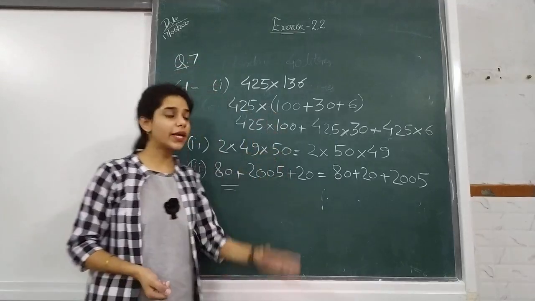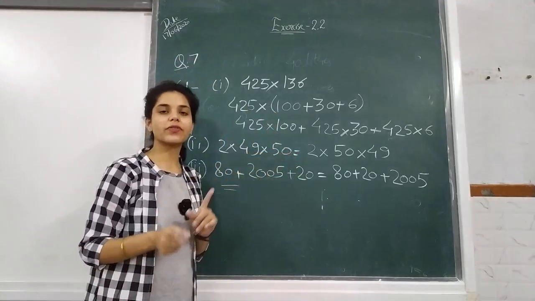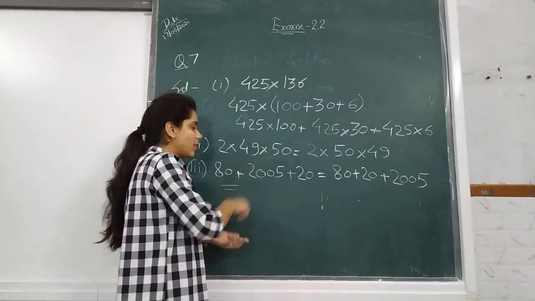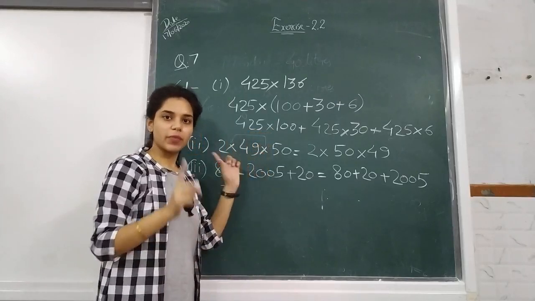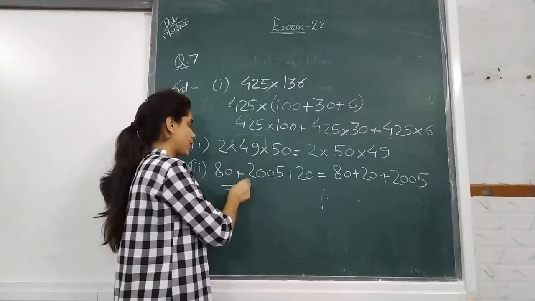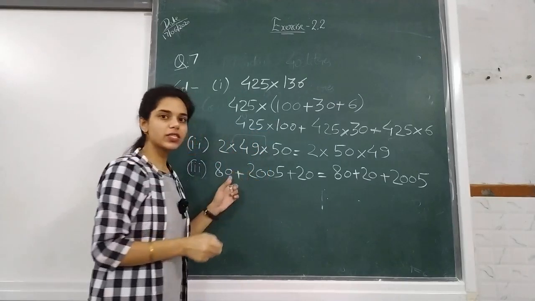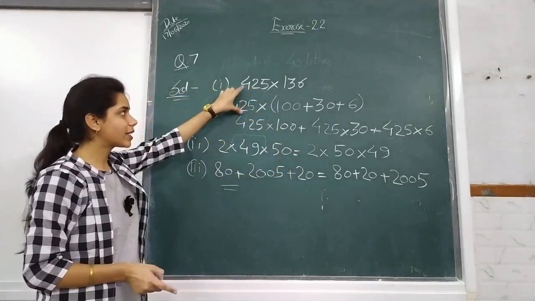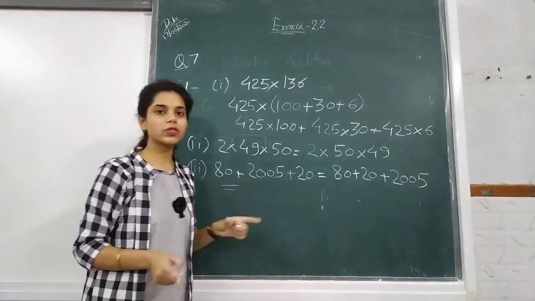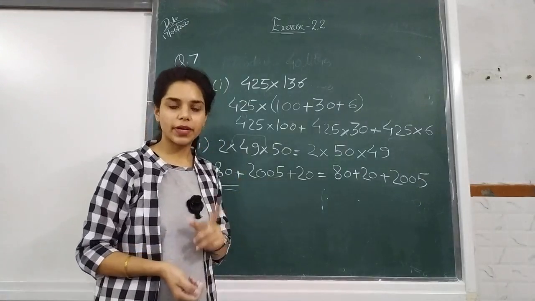So in this way you can determine the properties of a whole number. If the arrangement of the terms gets changed, it will be commutativity, and if a multiplication sign is there, it will be commutativity under multiplication, and if there is an addition sign, it will be commutativity under addition. Okay, and if we are taking common of the terms, it will be distributive law.